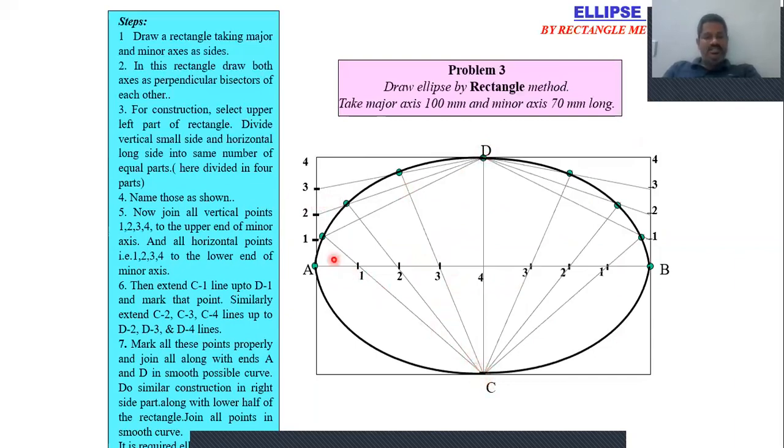Then extend these points to get the intersection points. Draw the lines to get the intersection points to get the smooth curve, and that will be the part of the ellipse. And this method is called the rectangle method. Now let me move further to see the other method.